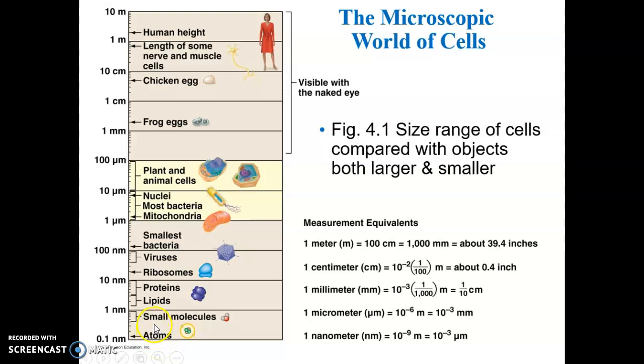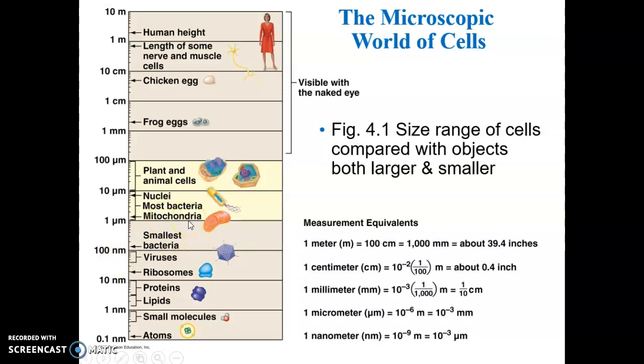Above that, or bigger, are small molecules, which get up to about 1 nanometer in size. And then some of the larger molecules, lipids and proteins, ribosomes, which are cellular structures, and viruses, think of COVID-19, getting bigger, up to 100 nanometers. The smallest bacteria are just bigger than viruses.